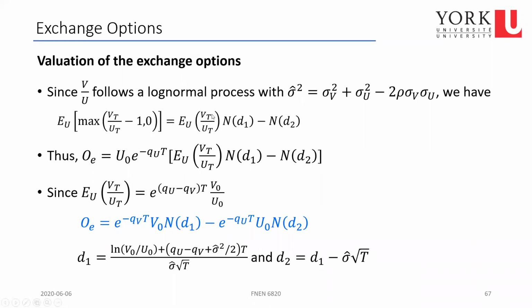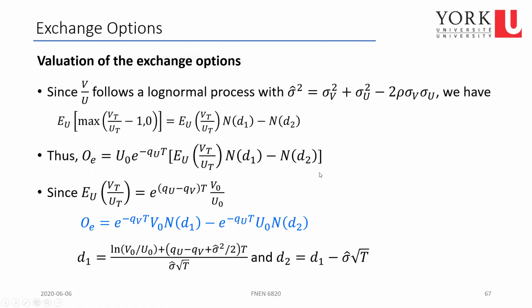Here you can just treat VT divided by UT as the value of a particular asset. So it's like a call with this being the asset price and the call having a strike price of 1. This really is the call price formula.